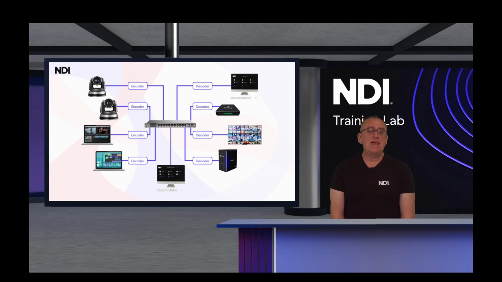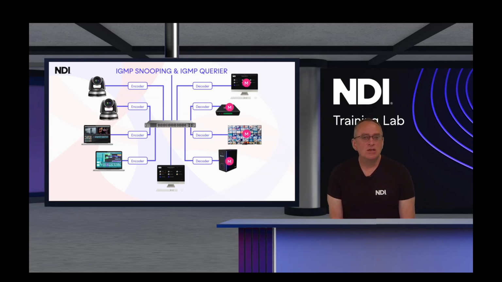We've seen that enabling multicast in NDI is not automatic. It requires a correctly configured network infrastructure, including switch-level IGMP snooping and an IGMP querier. These components ensure multicast traffic is delivered only where needed, preventing flooding and preserving network performance.